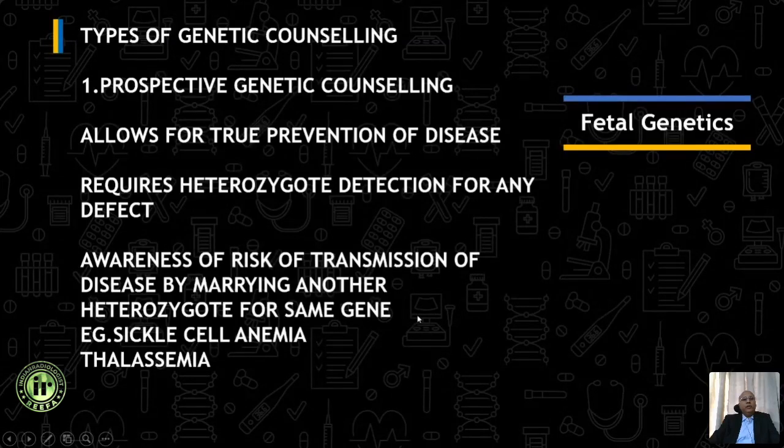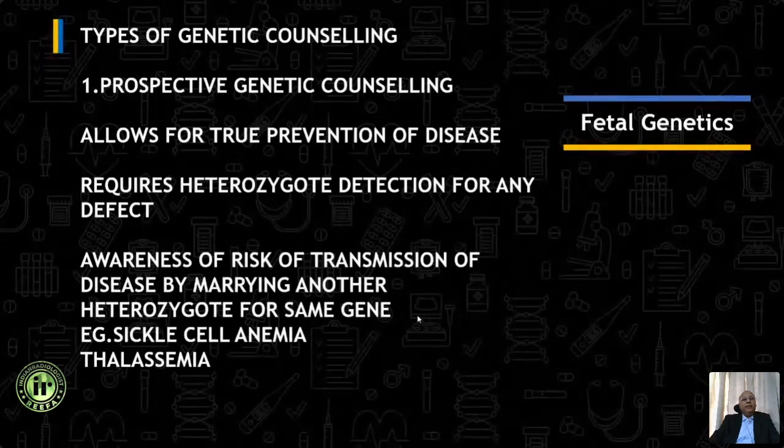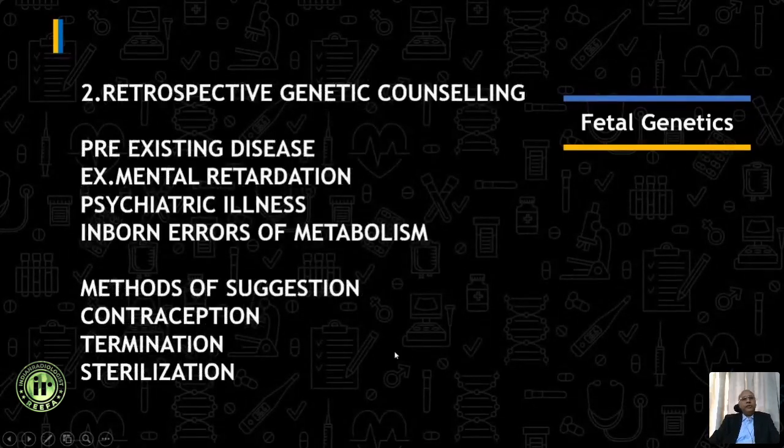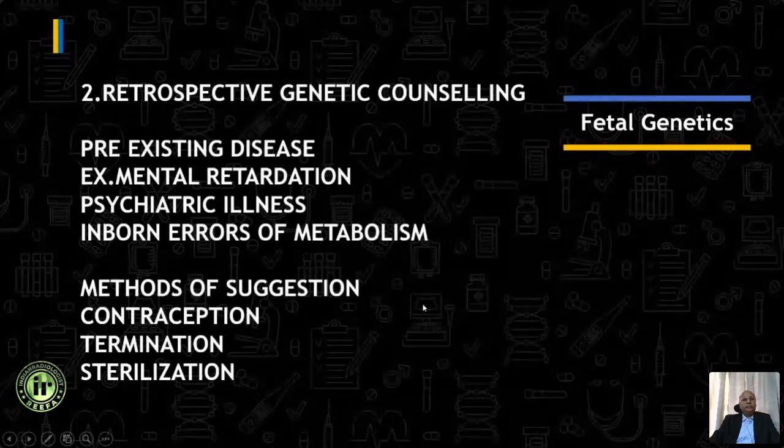So we need to identify and make the couple aware that there is risk of transmission by marrying another heterozygote for the same gene. Retrospective counseling is when there is a pre-existing disease like mental retardation, psychiatric illness, etc., and there is nothing much which can be done here.